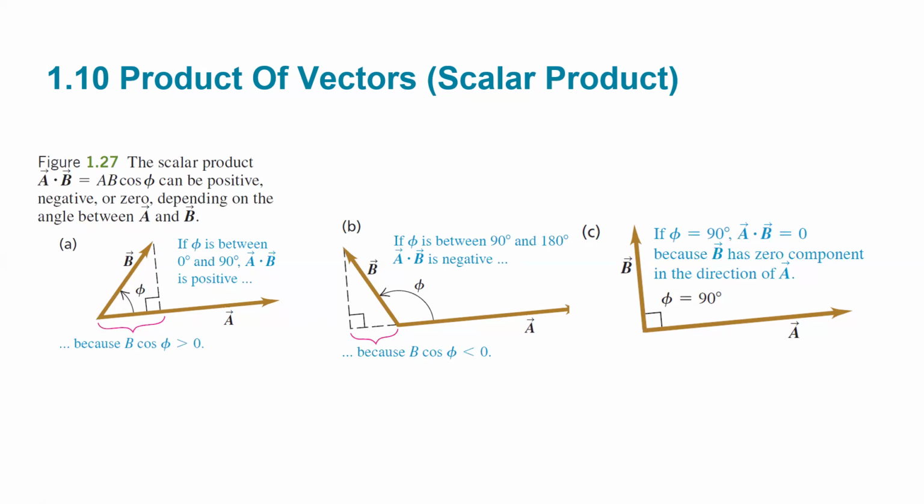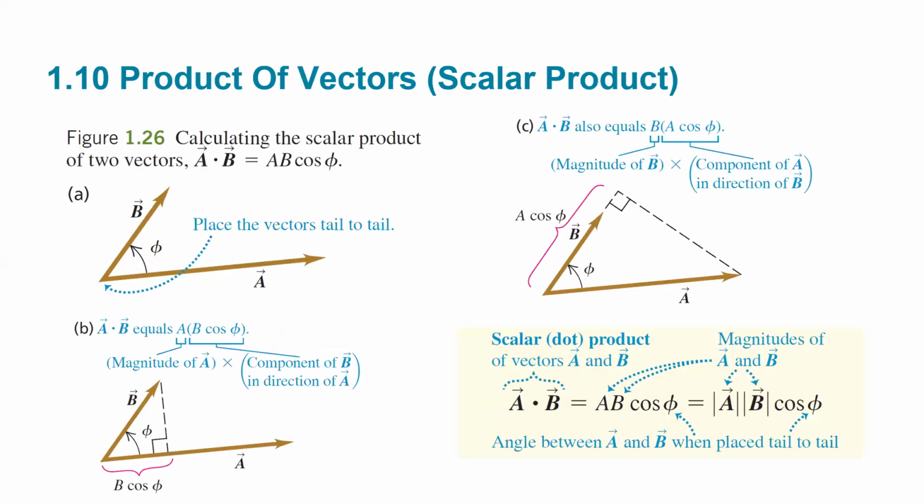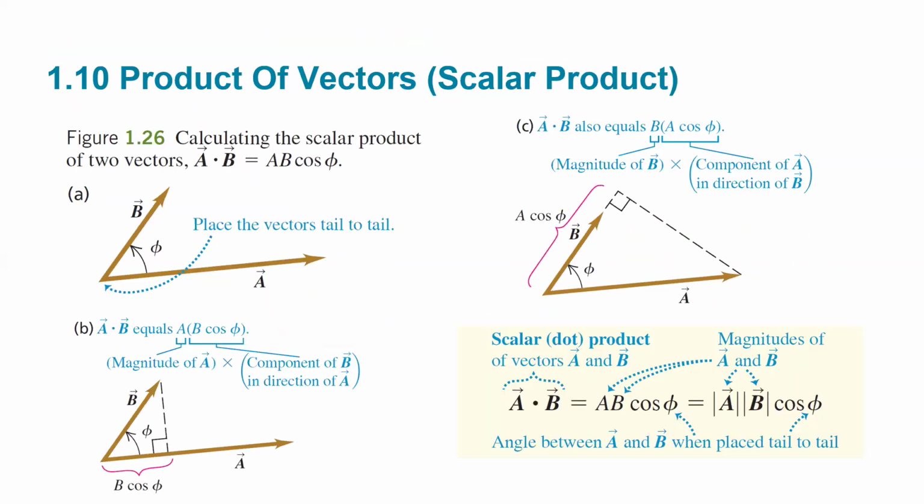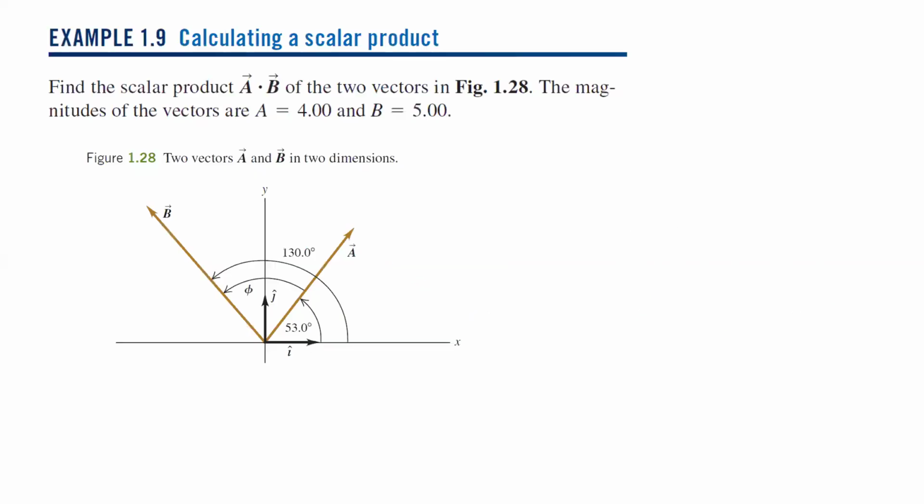If phi is 90 degrees, the cosine of 90 is 0, then a dot b is 0. We can also see here that the product of these two vectors is a scalar, not a vector. That's why it's called scalar: the product is not a vector, it has no direction.